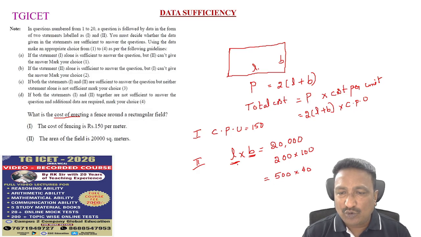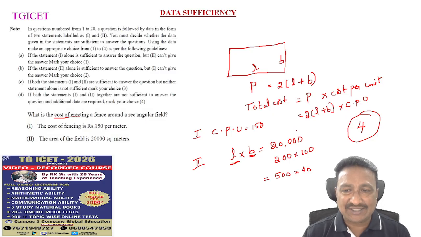So when we don't know the length value and breadth value exactly, we cannot decide the exact total cost. So in this case, we cannot find the answer from the first statement as well as second statement. So guys, we can keep the answer as the fourth option.